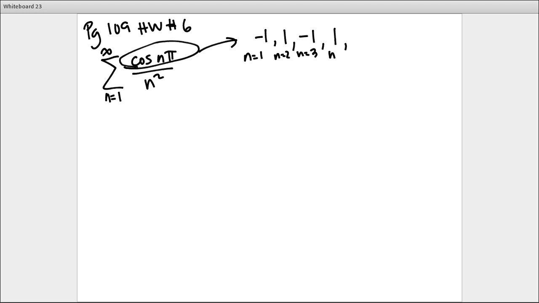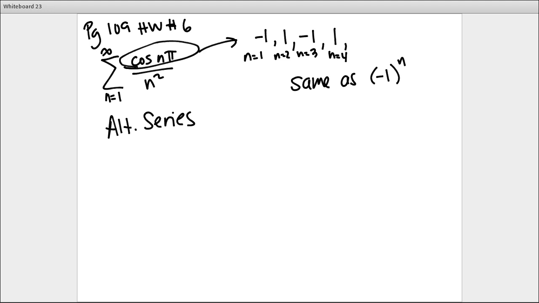When n is 3, you would have -1. When n is 4, you're going to have +1. So it's the same thing as -1 to the nth power, just a fancier way to write it. So that makes this definitely an alternating series.